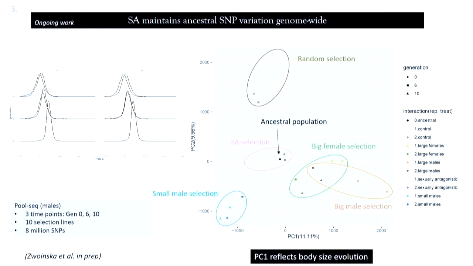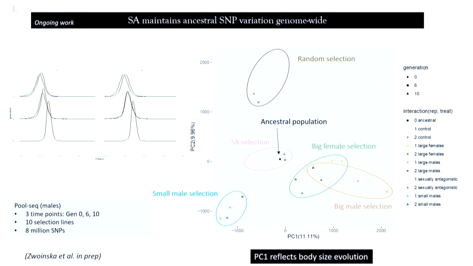Here's the ancestor population. Sexually antagonistic selection lines haven't really diverged from the ancestor population, whereas the small male selection line is at one end, and then the large selection lines are on the other end.